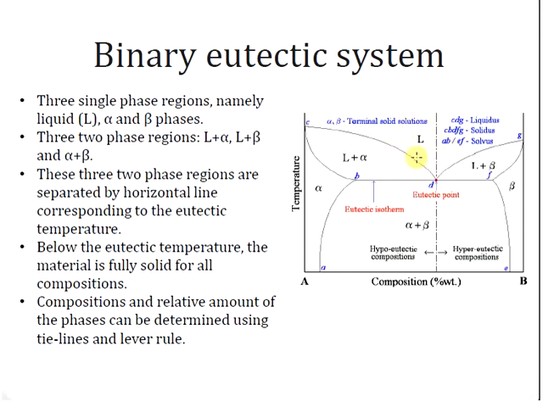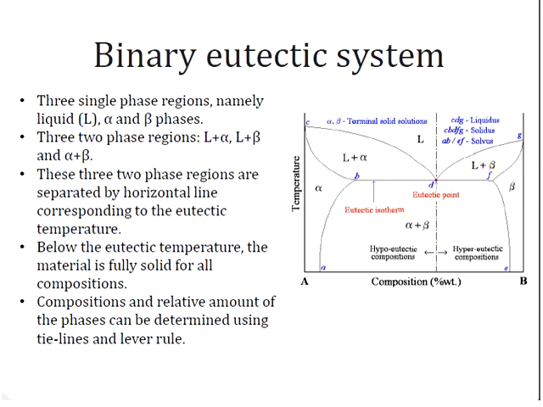The perfect solution of lead and tin is formed in this region, which is separated from alpha by the L plus alpha region, and there is also an L plus beta region. So basically there exist three single phase regions, L, alpha and beta, and three two phase regions, L plus alpha, L plus beta and alpha plus beta.